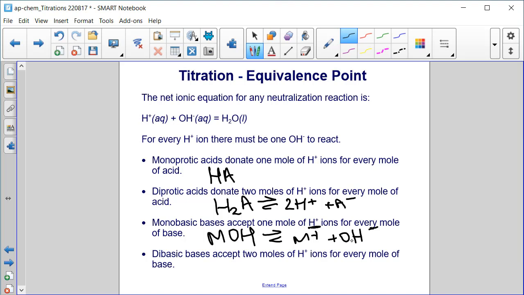But what about a dibasic base? So that would be some metal hydroxide that would have 2 hydroxides. And so we would need 2 moles of hydrogen ions accepted in order to neutralize these 2 hydroxide ions.